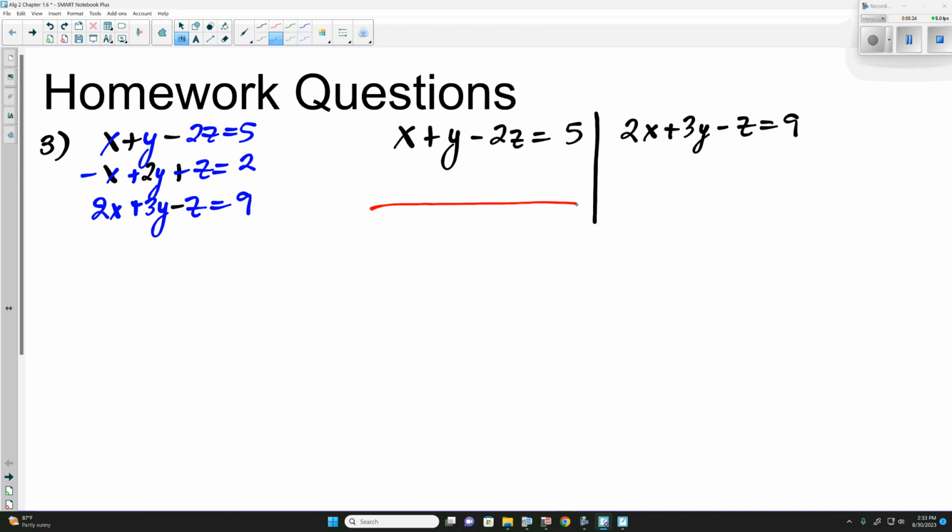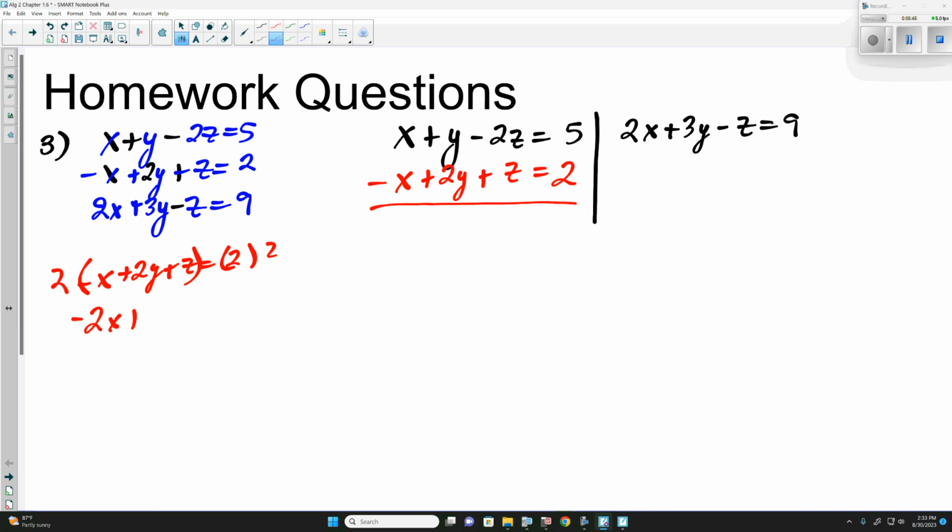Now, luckily for us with the eliminator equation, we don't have to do anything for the first equation. For the other, we're going to multiply this whole equation by 2, giving us negative 2x plus 4y plus 2z is equal to 4.